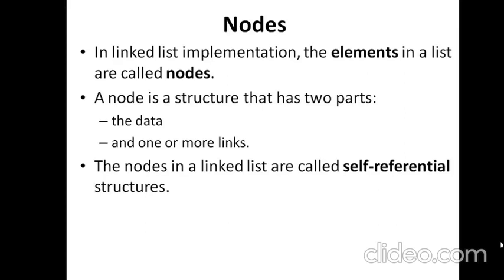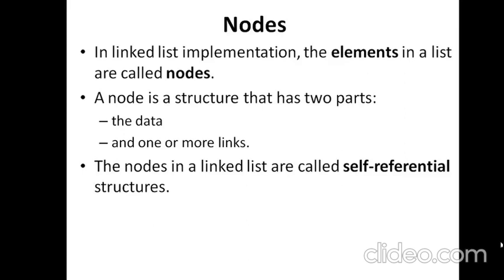Each node points to the next node, and when you declare a pointer of this particular type, you declare the pointer to be of the type of the node itself. We will see that example shortly: whenever we want to create a link field or a link pointer, the data type of that pointer is the node itself.